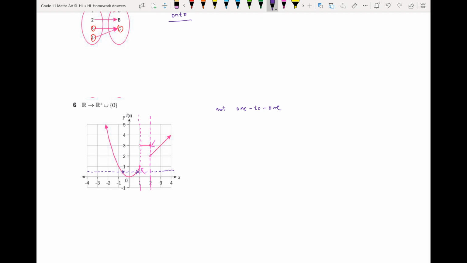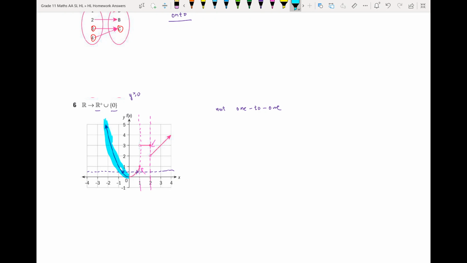As to onto, you need to read this carefully. This is saying all the positive real numbers, including 0. In other words, they're saying anything that is greater than or equal to 0. And if you take a look at this curve, there are some missing parts here. Actually, no, it has everything. Because if you take a look at this curve here, this is 0 and above, right?